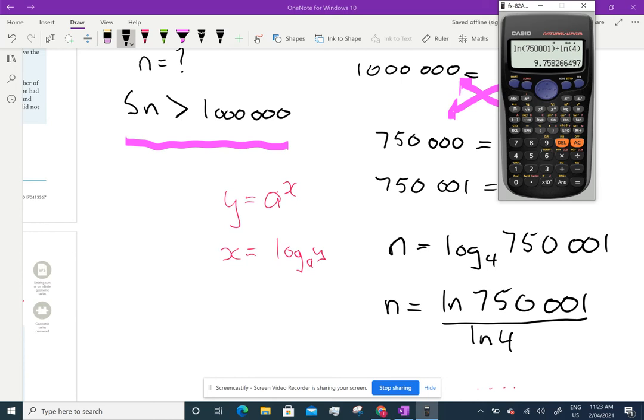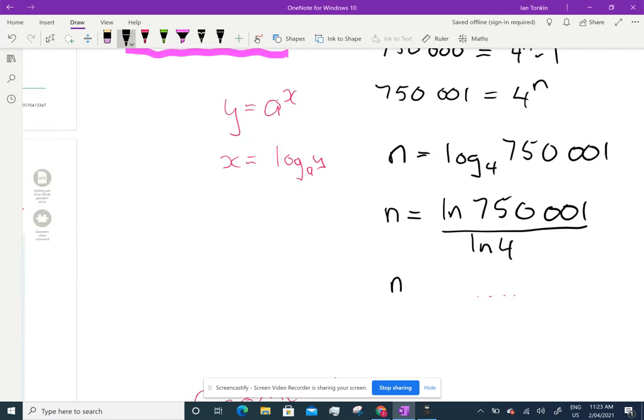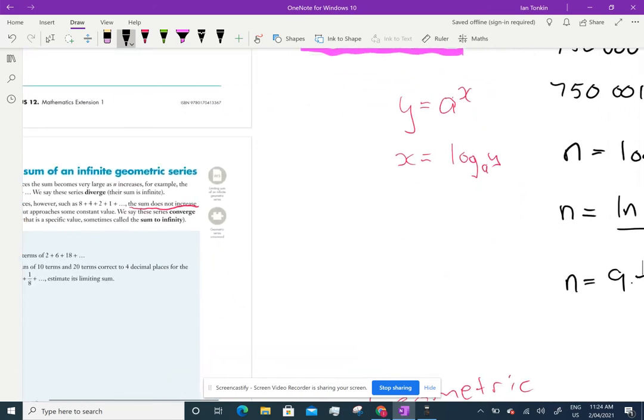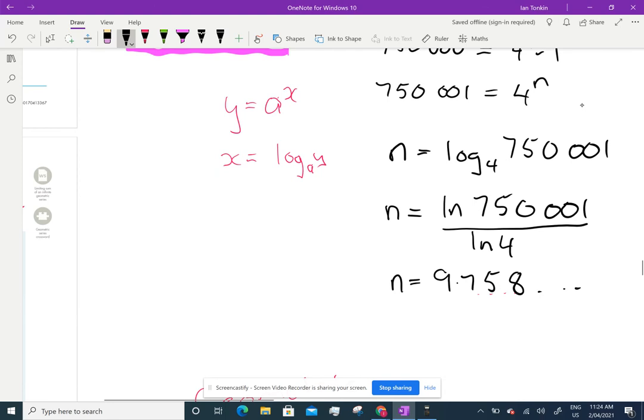And I get 9.75, and we knew it was going to be 9.758. n equals 9.758... That's when it hits a million. We need the first number, I'm pretty sure, to exceed a million. Yep, so it's going to come after 9, therefore n that we need will be 10.